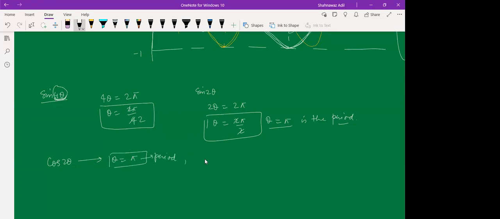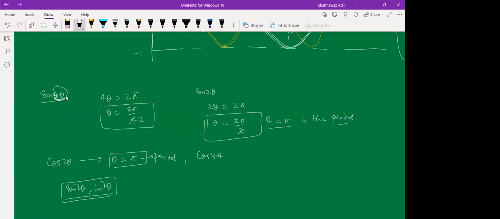And for the case of cos 4 theta, this does not happen for the square. Sine square theta and cos square theta would have a different period. We can only determine the period if the coefficient is multiplied like this.